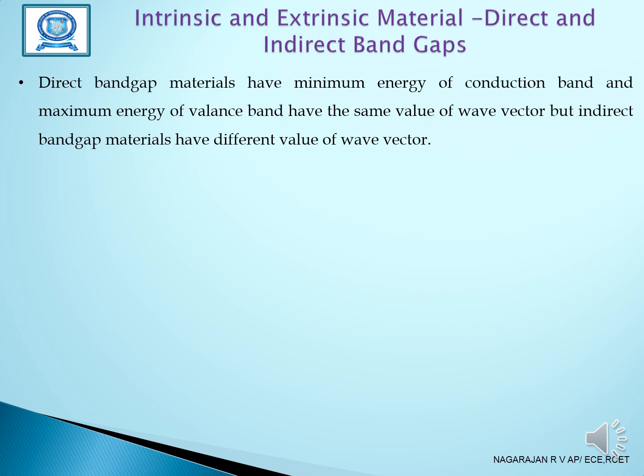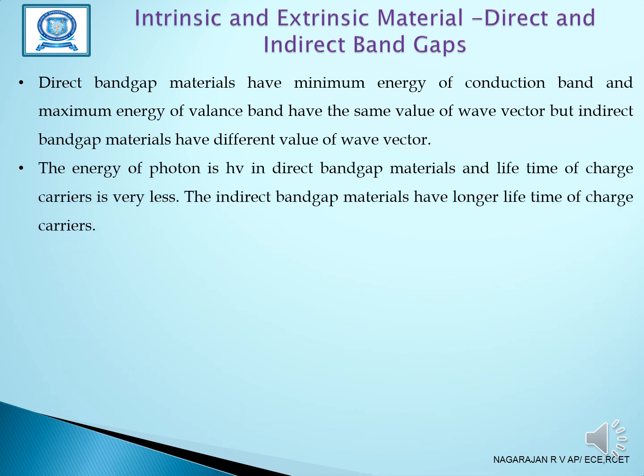Direct band gap materials have the minimum energy of the conduction band and the maximum energy of the valence band at the same value of wave vector, but indirect band gap materials have different values of wave vector. The lifetime of charge carriers is very small in direct band gap materials. The indirect band gap materials have a longer lifetime of charge carriers.